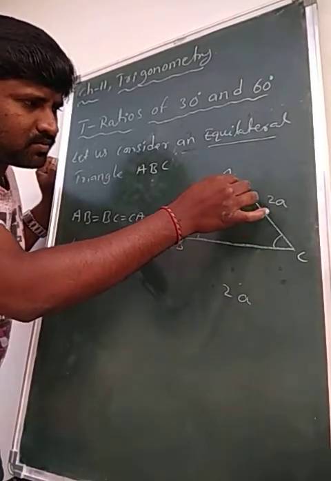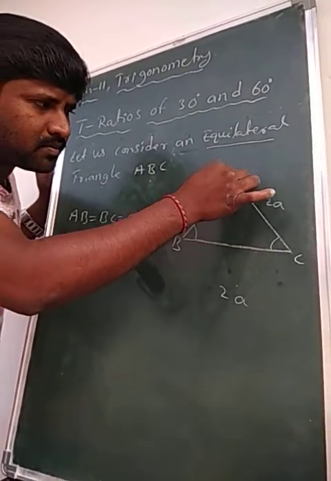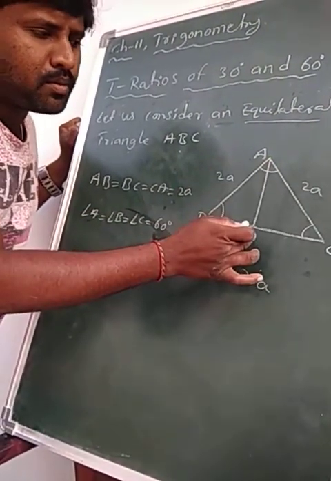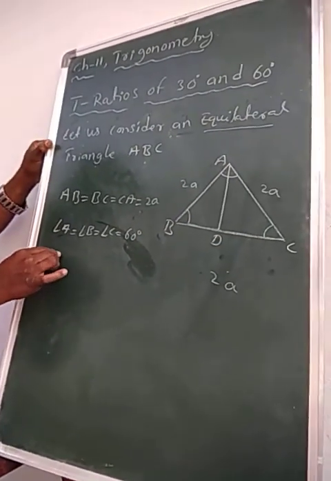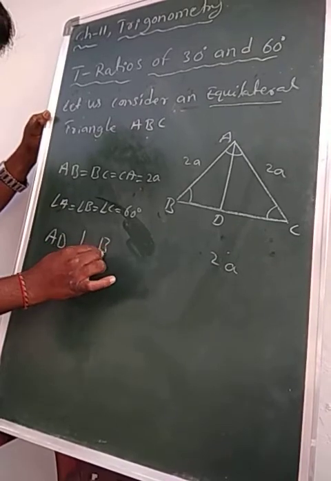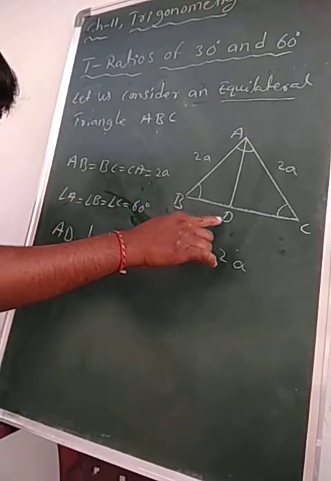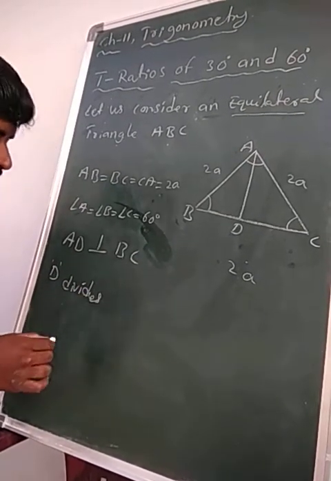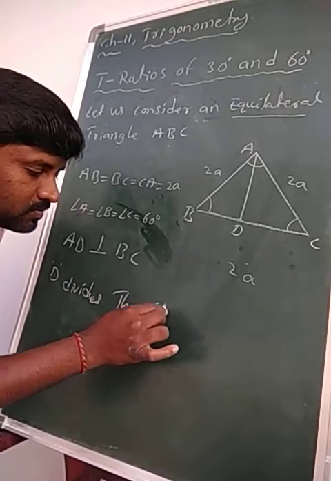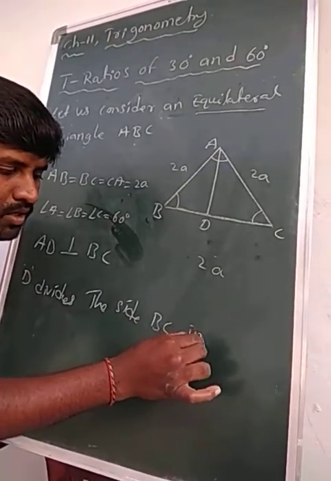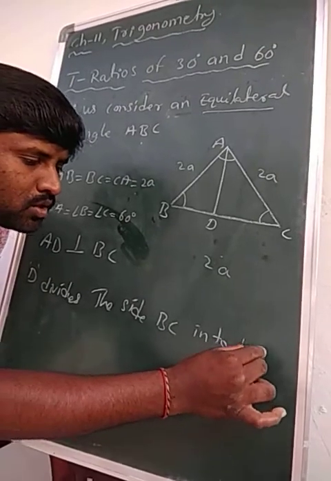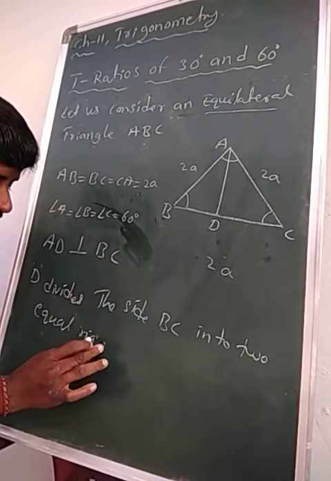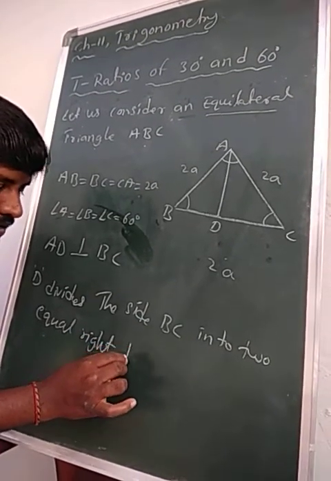Okay. Now draw a perpendicular AD. AD is perpendicular to BC. From vertex A we draw a perpendicular AD to BC. Now D divides the side BC into two equal right triangles.